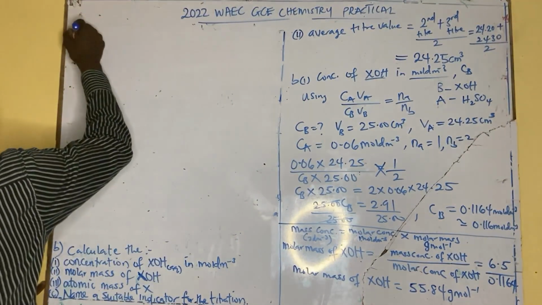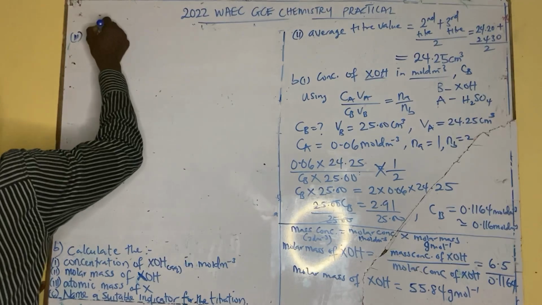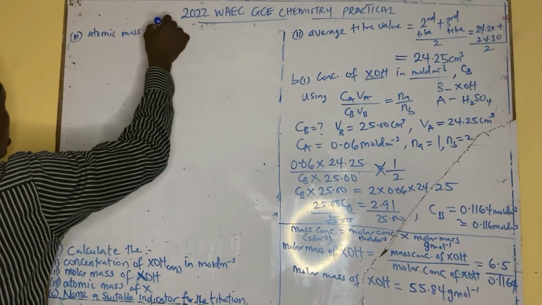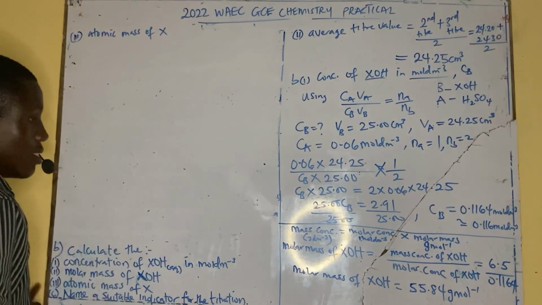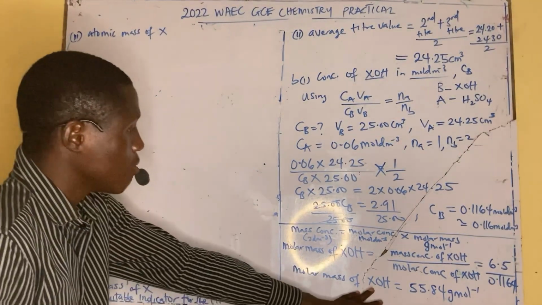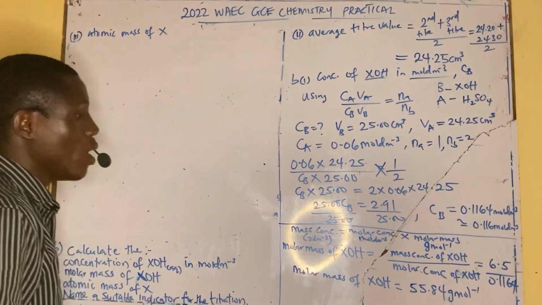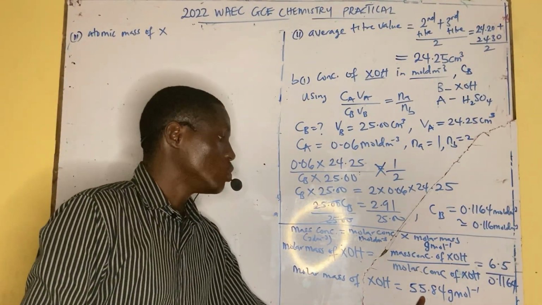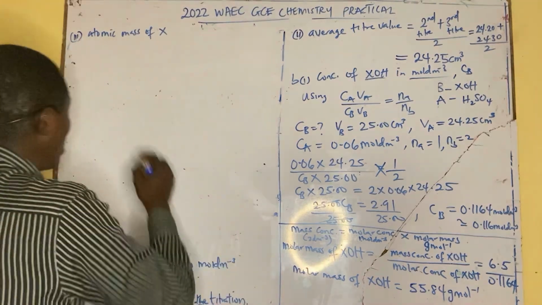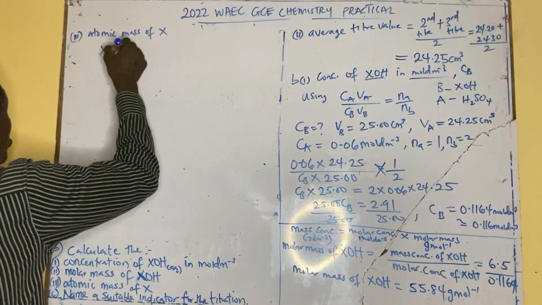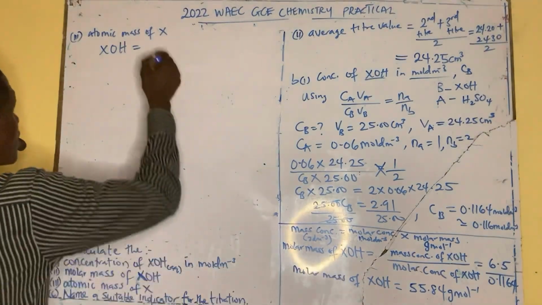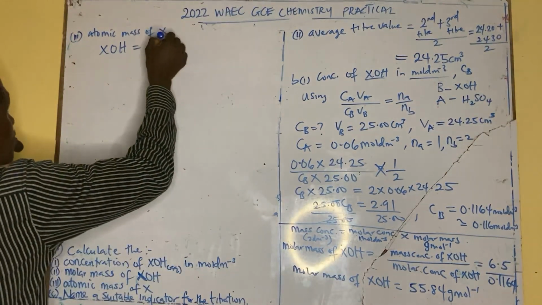The atomic mass of X can be obtained when you equate XOH to the molar mass. So what do I mean by that? XOH is equal to the molar mass that we just got.